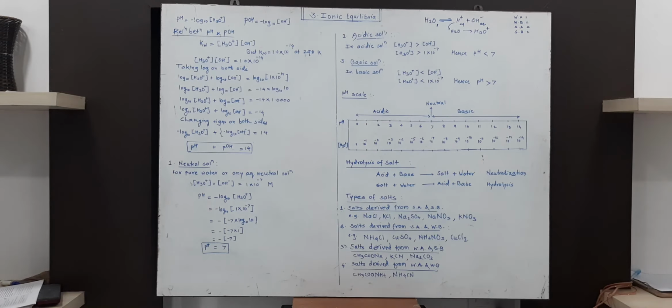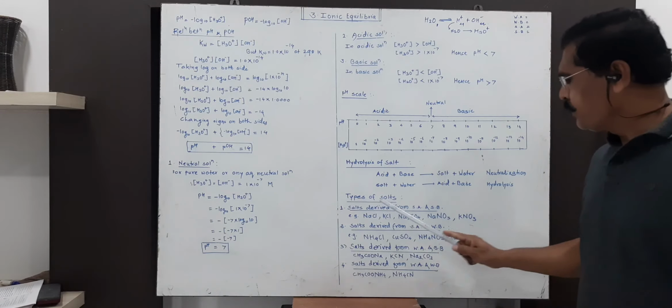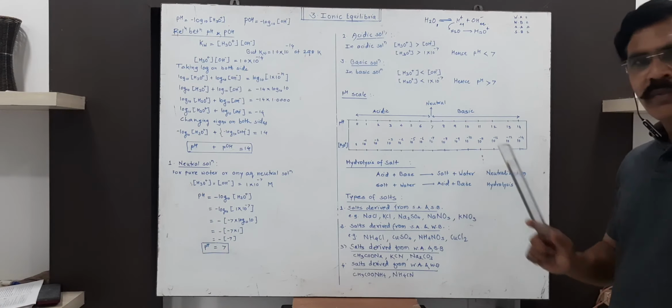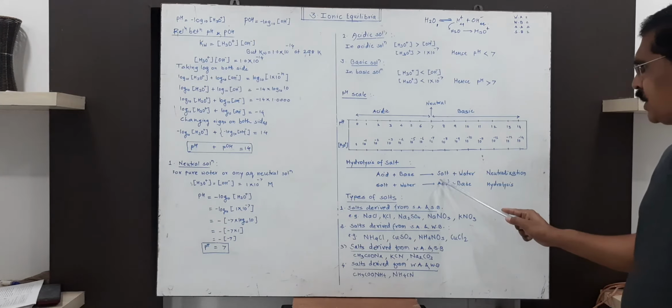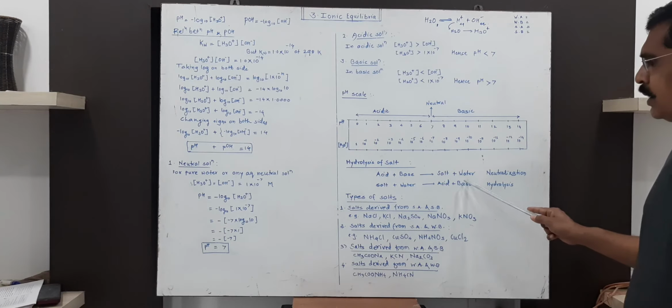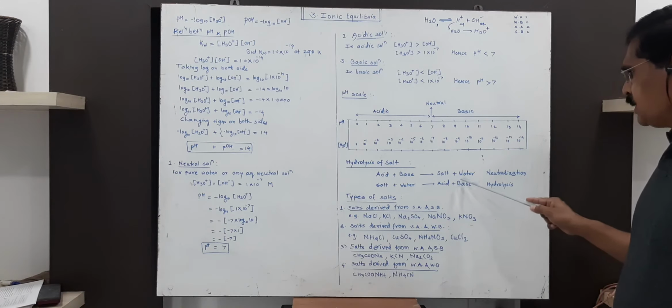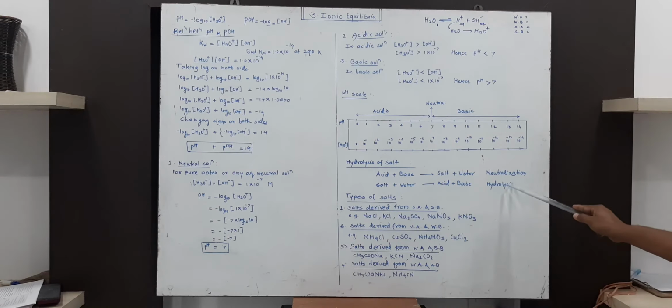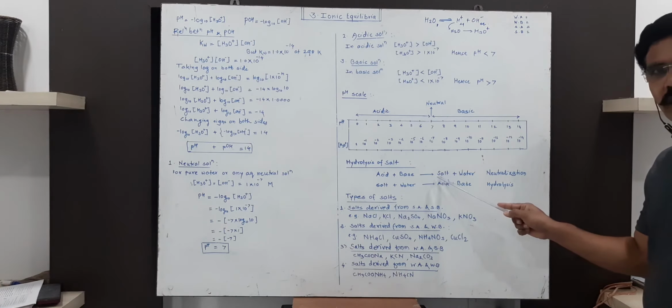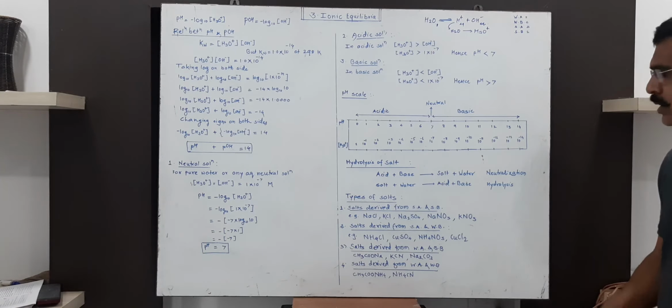Hydrolysis of salt. Generally we know that when acid combines with base, it forms salt and water. This reaction is called neutralization. Why is it neutralization? Because salt is neutral in nature, water is neutral.